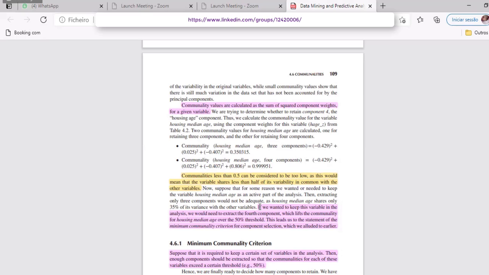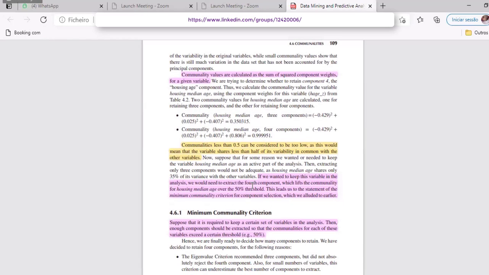This leads to the fact that if we want to keep this variable in the analysis, we would need to extract the fourth component. This is what Afshin told before, which leads to the communality of house median age being over a 50% threshold. So house median age only has a communality high enough if you have the fourth component.